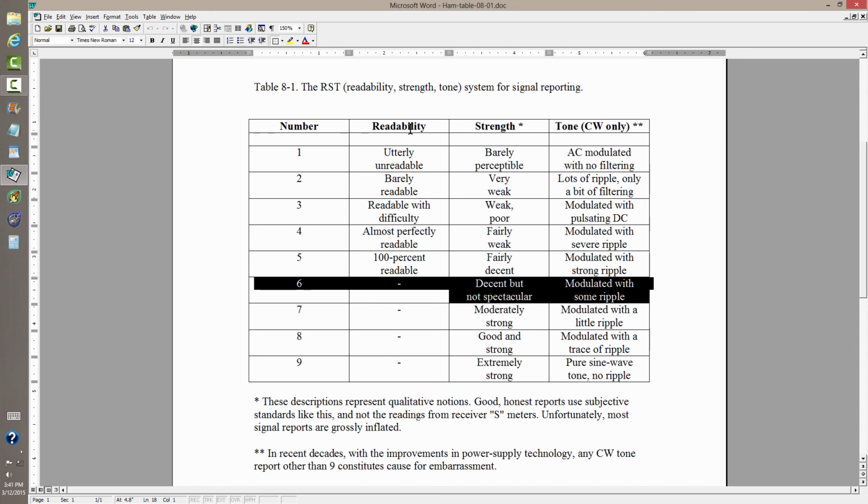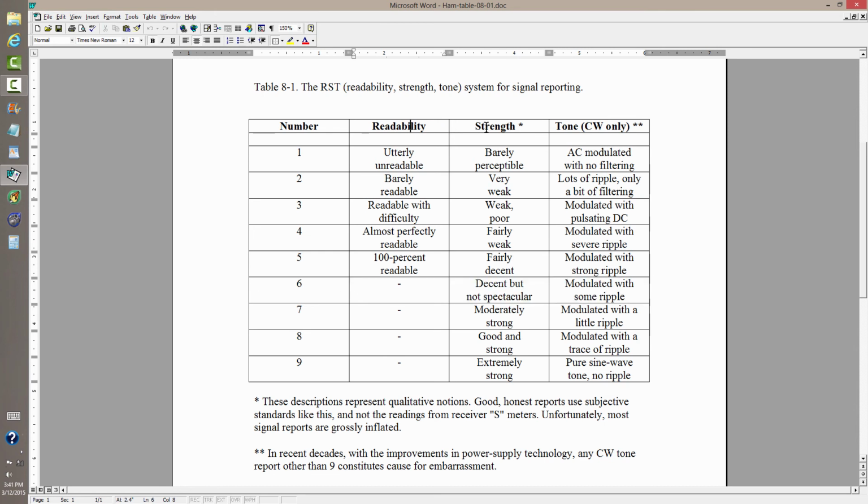RST stands for readability, strength, and tone. Well, anything other than a 9 for the tone report is a cause for embarrassment, as I've indicated here, because if you have any ripple on your CW note, it's not good.